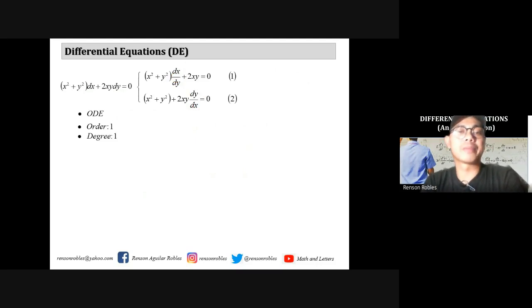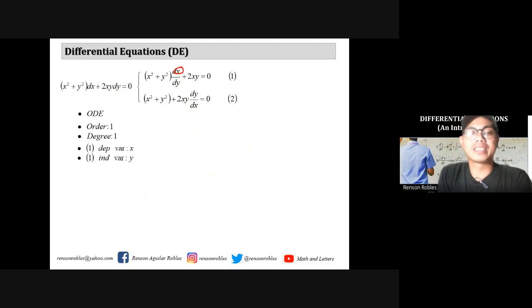And what are the dependent and independent variables? For equation 1, the dependent variable is x and the independent variable is y. For equation 2, the dependent variable is y and the independent variable is x.